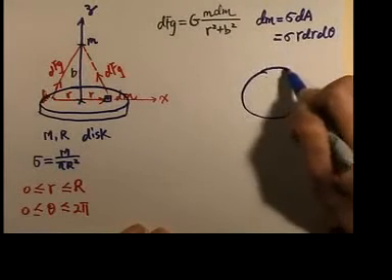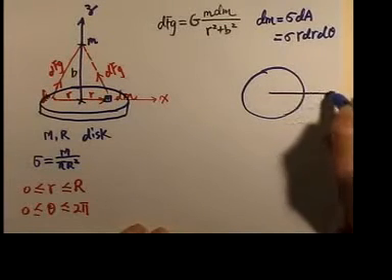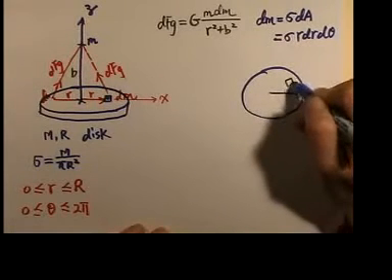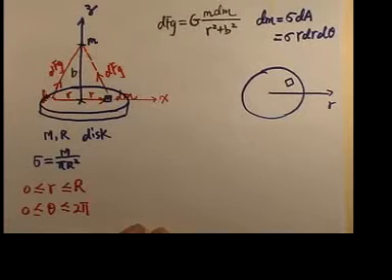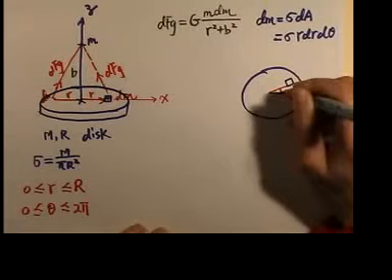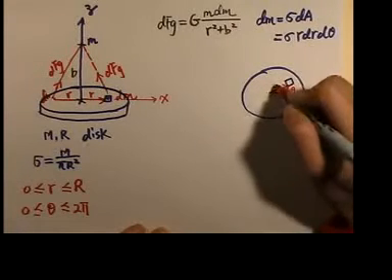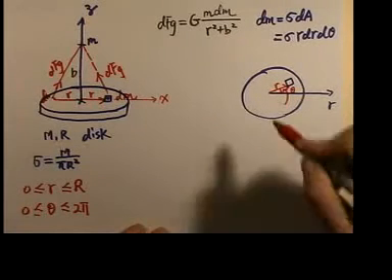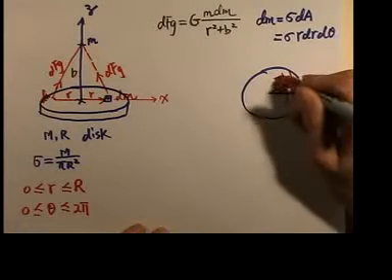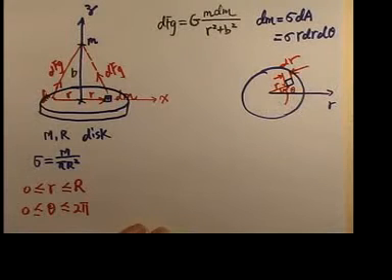If I have a circle, and this is the r direction. Now, if I cut somewhere right here, this angle is theta. And how far away do I cut? Little r away. So if the radial direction is little r, then this much will be dr, because that's the variation around r.